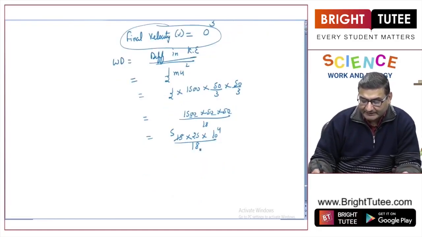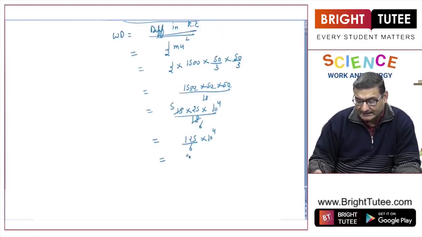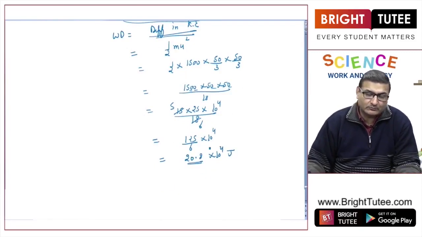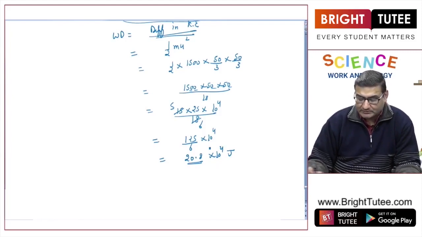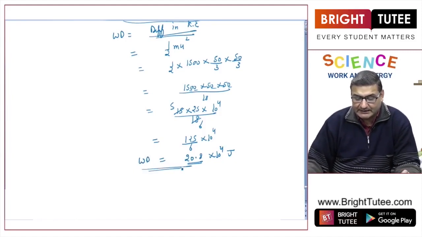Cancelling it out, we are left with 125 by 6 into 10 to the power 4. Further dividing it, I'll get 20.8 into 10 to the power 4 joule. This is the approximate value. You will just take it to 2 decimal places, approximately 20.83 or something. So this will be the work done on this particular object.